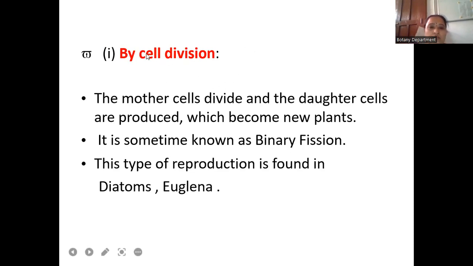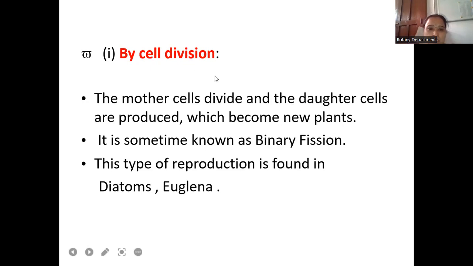When the thallus of the algae is made up of many cells, the mother cell divides and daughter cells are produced, which form new algal plants. It is sometimes known as binary fission also.